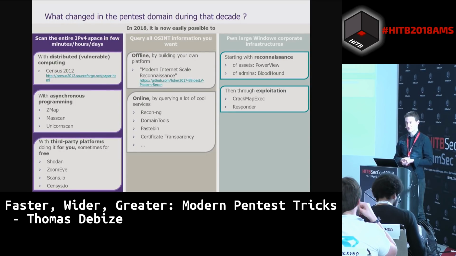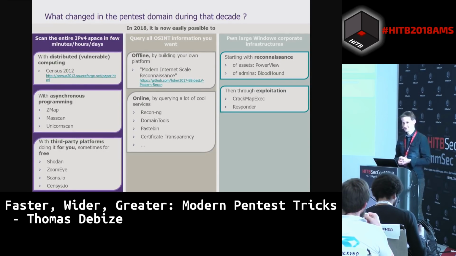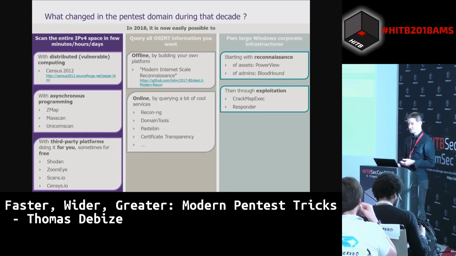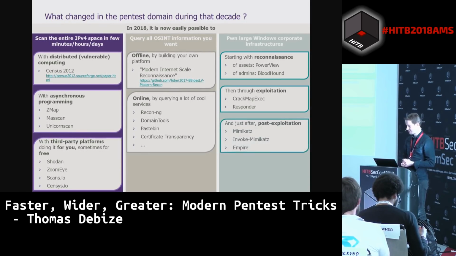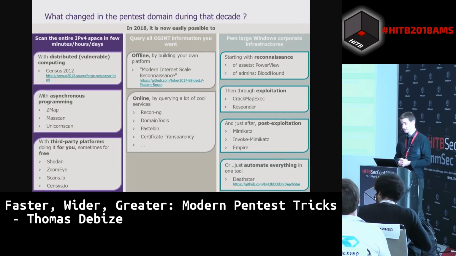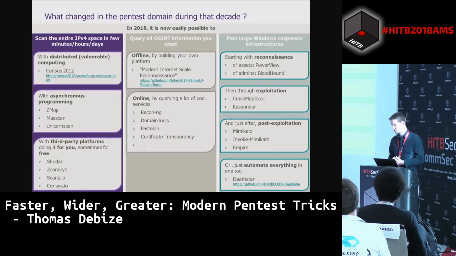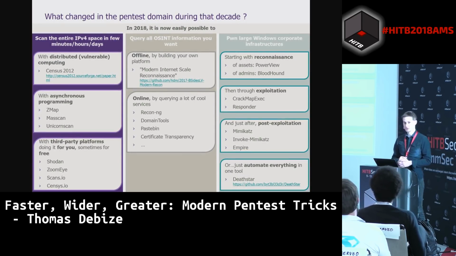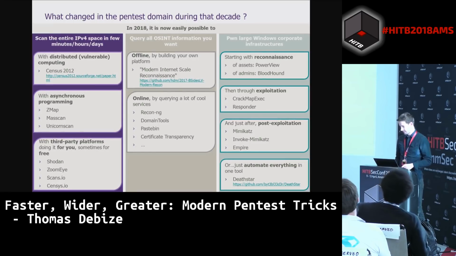Who knows about CrackMapExec? Fewer hands, but still. Responder, a great tool again. Post-exploitation, Mimikatz, from another French guy. Invoke-Mimikatz, being fileless. And Empire, another cool framework. And then you have one ultimate tool, which is called DeathStar, which automates everything. You just click and you're domain admin.